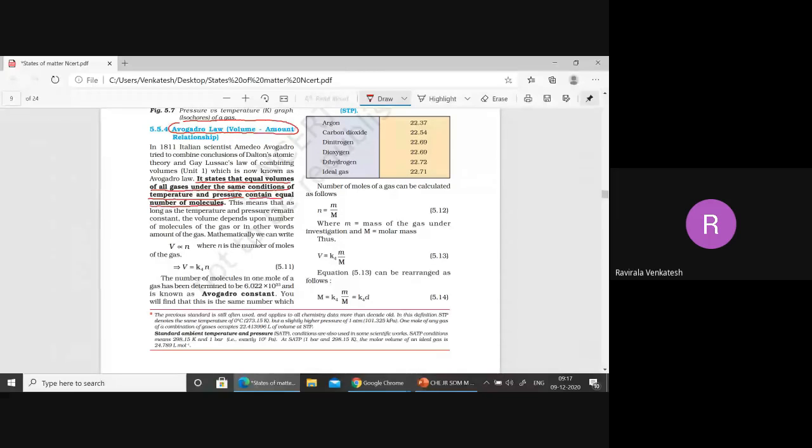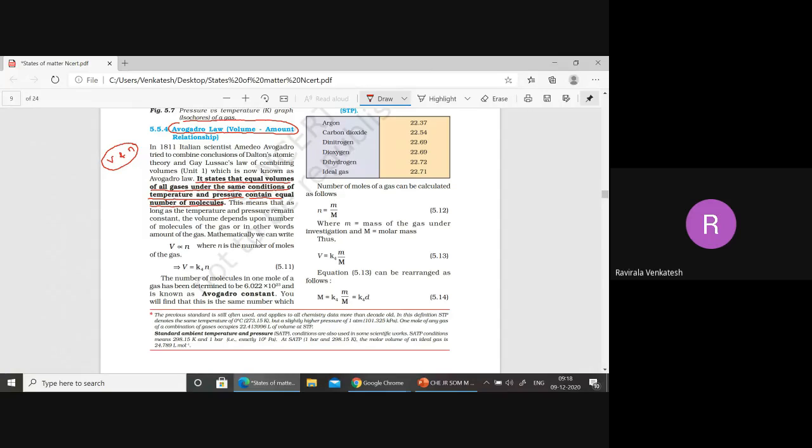That means we are taking both volume and number of molecules into consideration. So when you have the same number of molecules, the volume also will be the same.